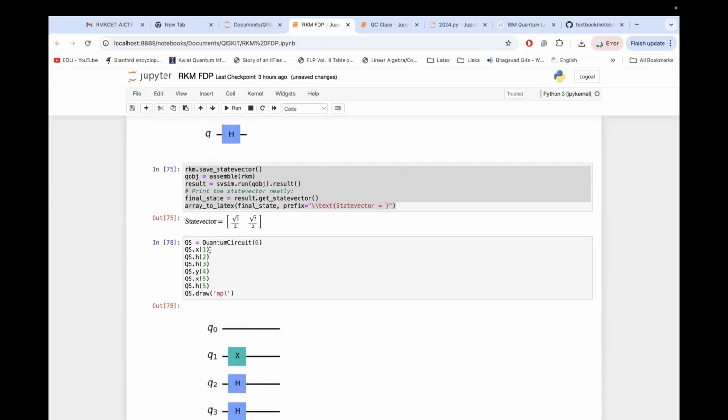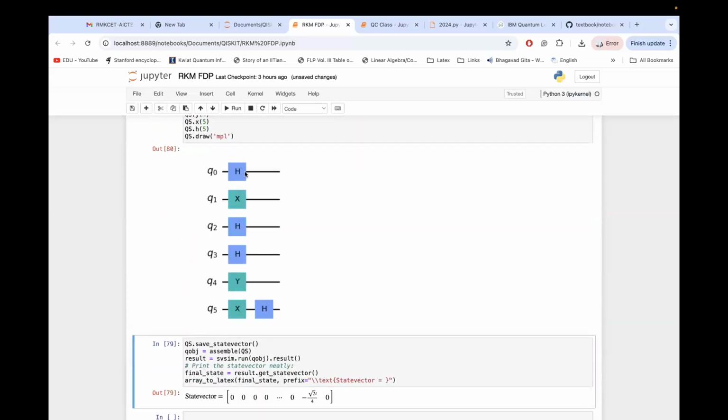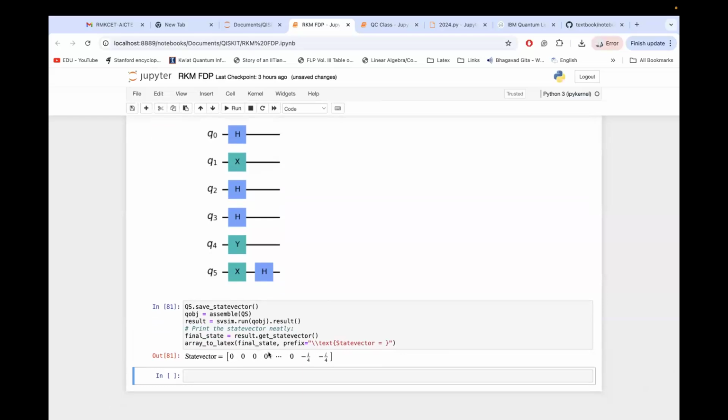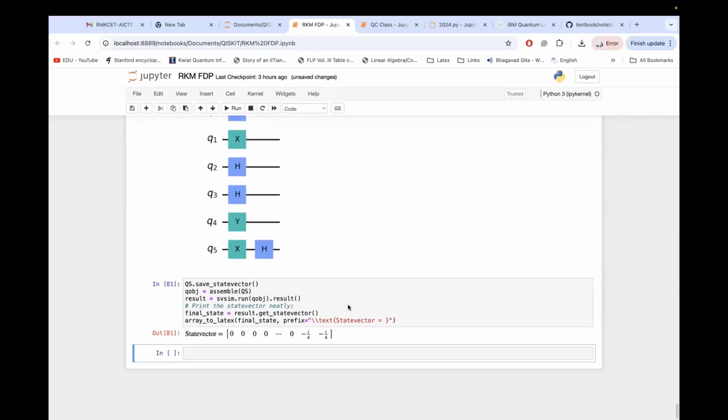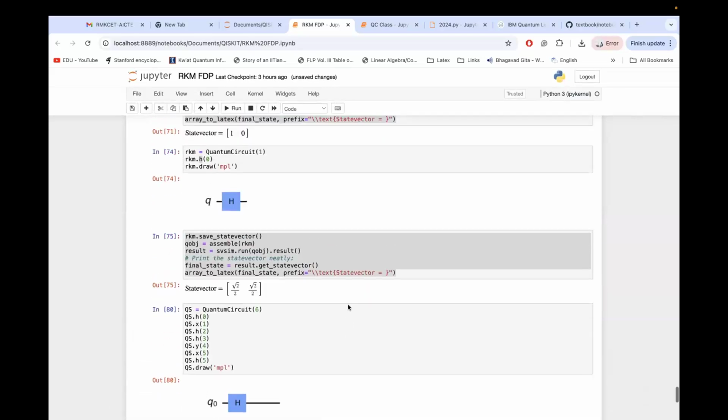And even if you apply one more Hadamard operator here, QS dot H of 0. This is the new circuit, and we are applying Hadamard operator to the 0th qubit. And then we want the state of the system. So this is going to give you the state of the system as this array to LaTeX command. And you can even print the unitary operator, the whole unitary operator associated with that one.